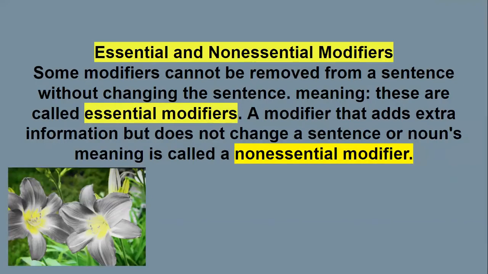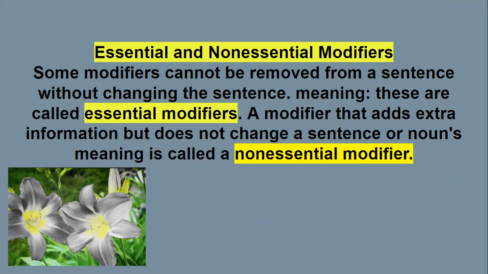Okay, so those of you that have been with me for a while know that there are CPT modifiers. These are different. These are actually words and sentences, or in terms. Some modifiers cannot be removed from a sentence without changing the sentence's meaning; these are called essential modifiers.